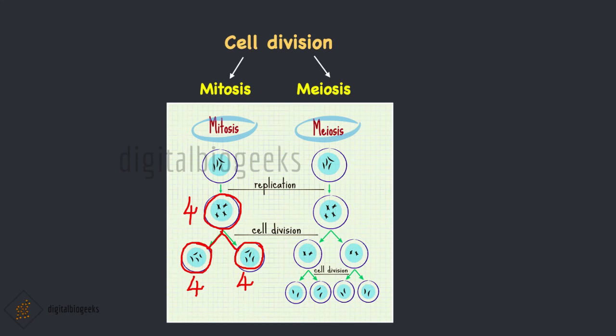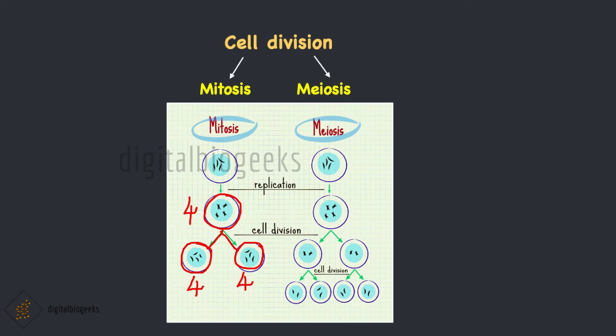Mitosis plays an important role in the development of an embryo and it is important for the growth of our bodies. The old and damaged cells are replaced like this. Due to mitosis, growth happens.